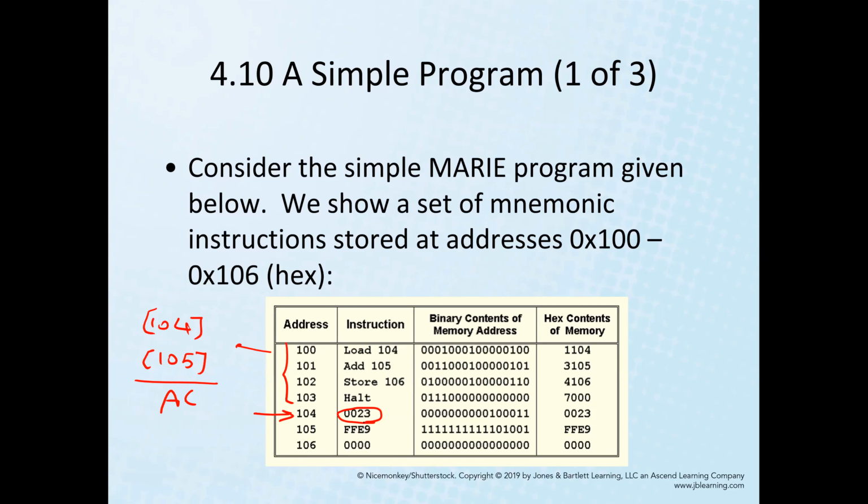In 105, we have the value FFE9. And 106 is empty. After running this program, these two numbers will be added to each other and placed in this address. Okay, any question?